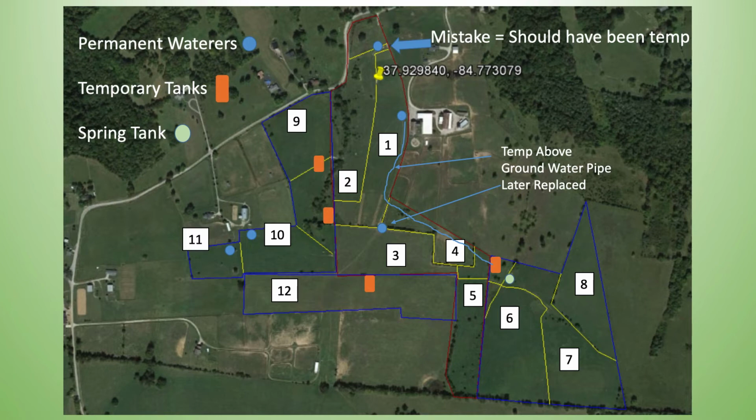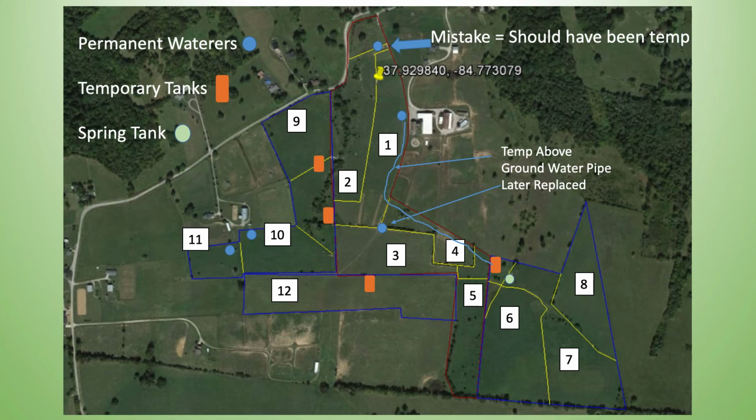So they had to be careful about what kind of inputs they put into this property. And so if you look at it, the blue circles here, those are permanent waters. The orange squares are temporary tanks. And then they had a spring-fed tank over here.